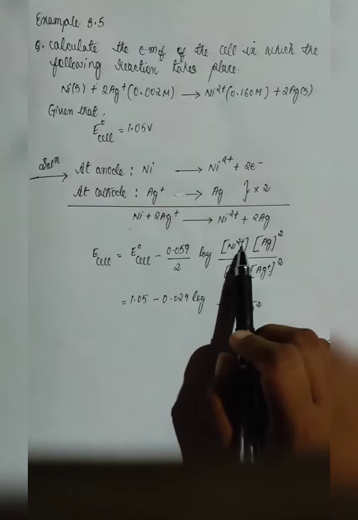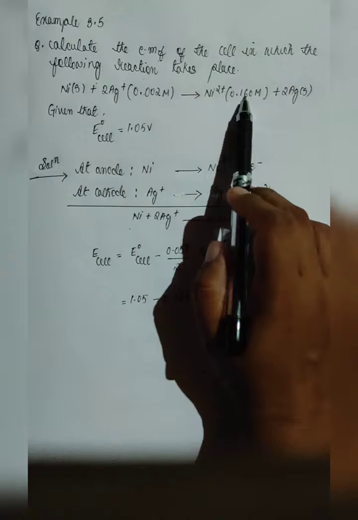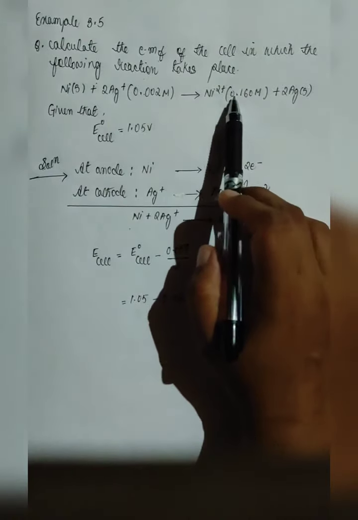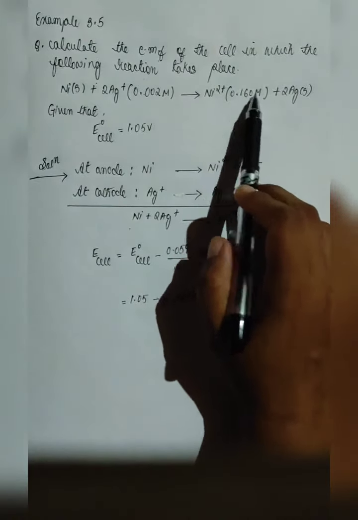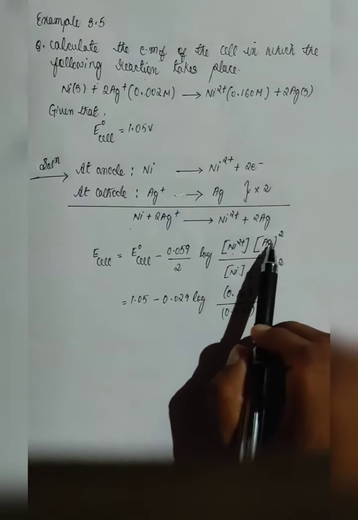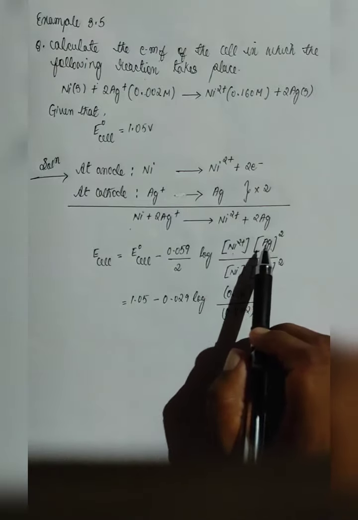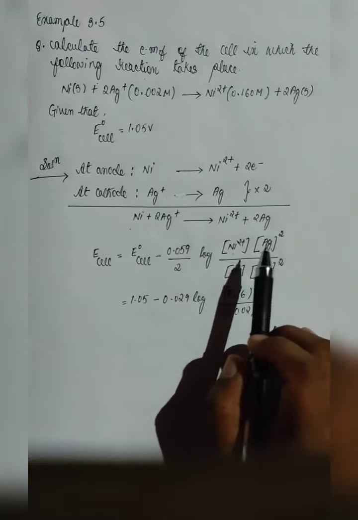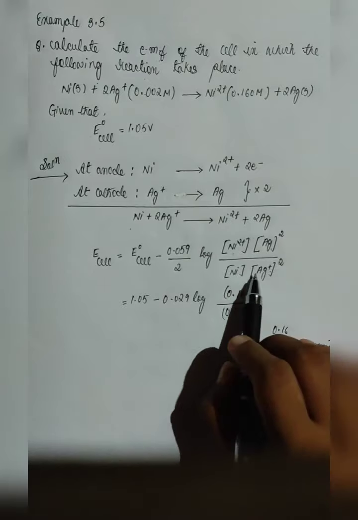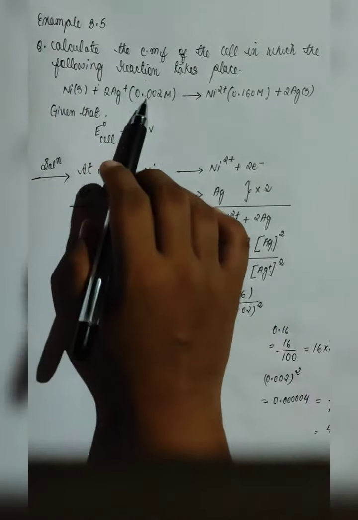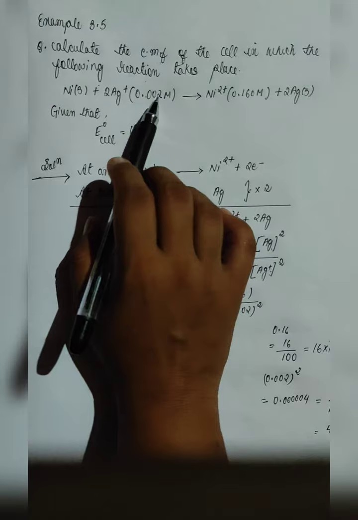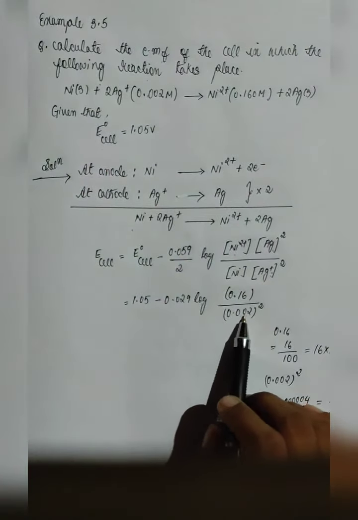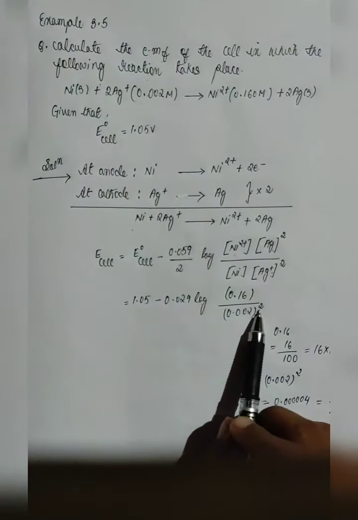For Ni2+, the concentration is 0.160. The last 0 has no value after the point, so we can directly write 0.16. We already know by now that the concentration of metal in solid form is 1, so Ag and Ni will be 1, so we will not be writing them. Now for Ag+, the concentration is also given, that is 0.002, and the coefficient is 2.